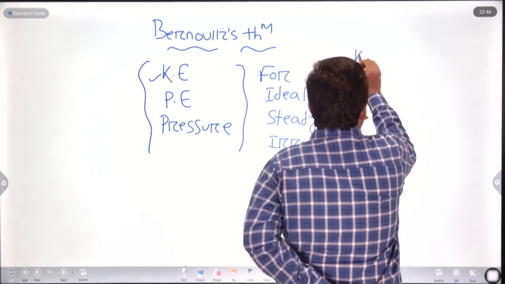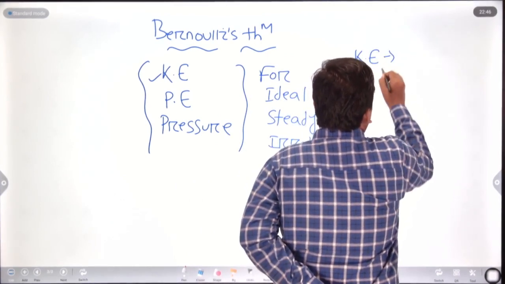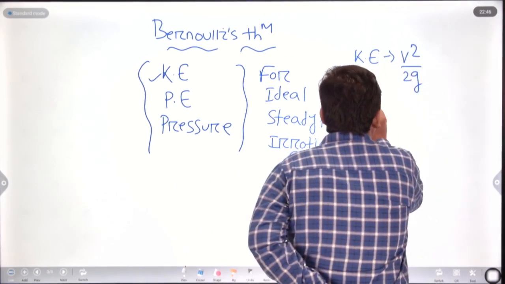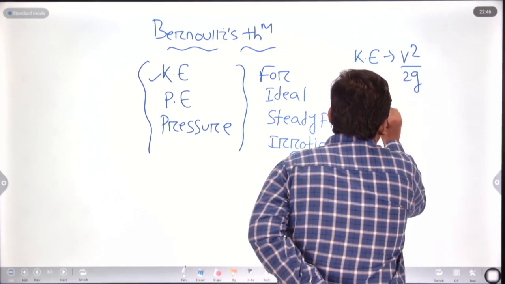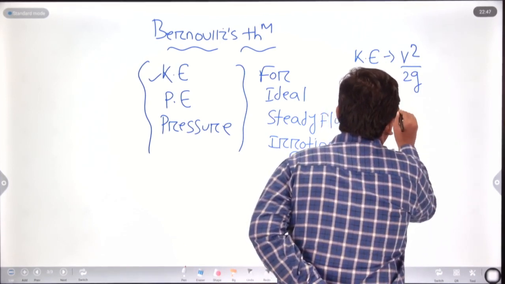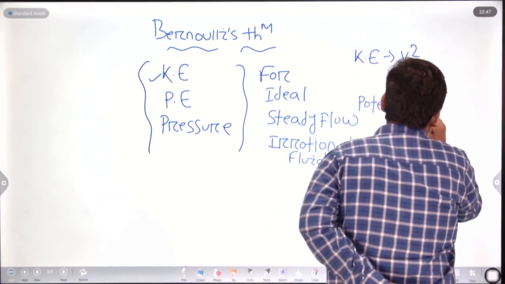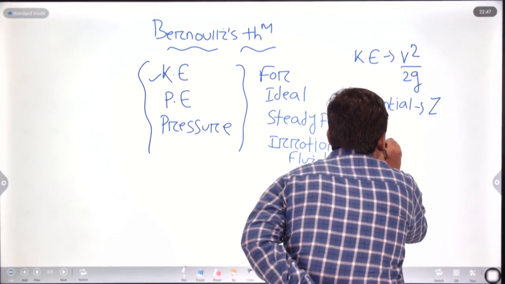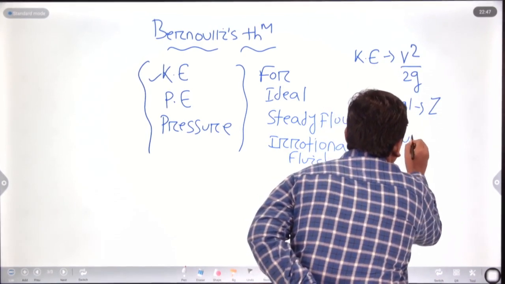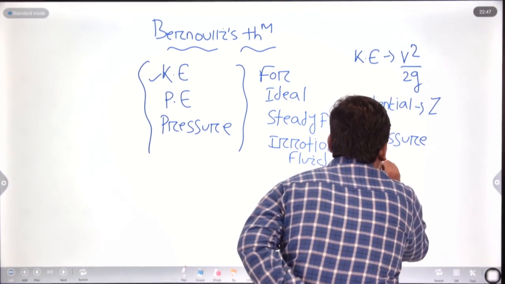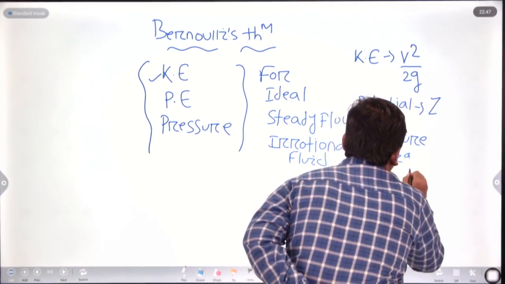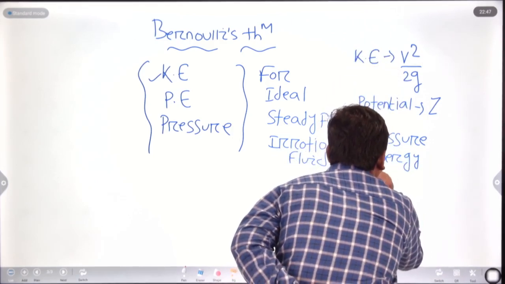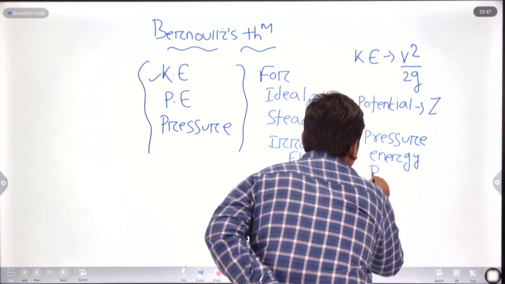Mathematically, for kinetic energy we consider V squared by 2g. For potential energy, it is Z. For pressure energy, it is P by rho g.